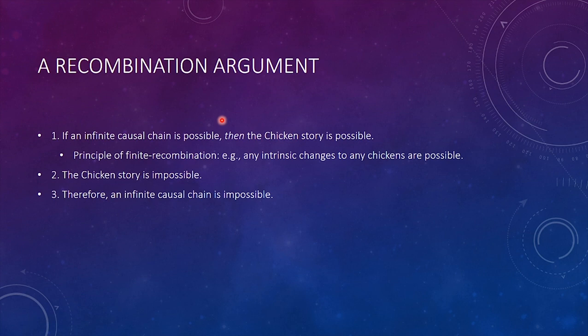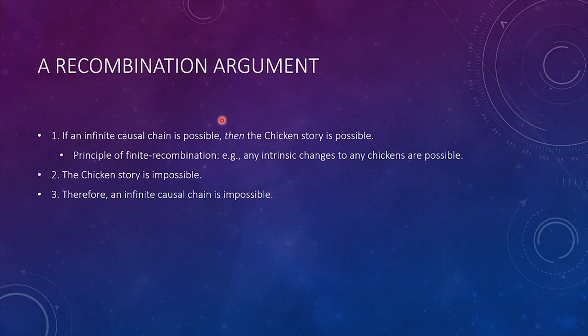It seems to me that the kind of response to this recombination argument, that it's the recombination principle that's the problem, actually reveals a kind of advance in the dialectic, in the inquiry into infinities. I think it shows that the pain of the contradiction is so powerful that in order to maintain the infinite regress, we have to say something more dramatic, something that we didn't even consider saying in response to the previous arguments against infinity.